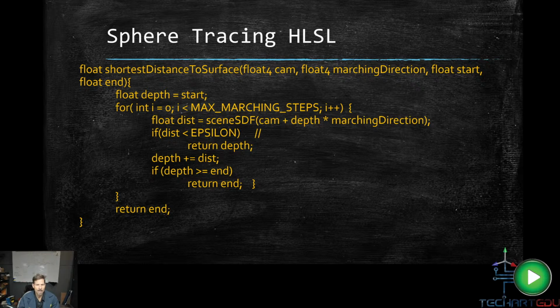Okay, here is the HLSL for sphere tracing. And we're going to start off sending in here the camera position. We're going to go in the overall marching direction, which is the vector that we're going to follow. We're going to have a starting point and an ending point. And we're going to say, okay, the start here now equals the depth, and so that basically means that it equals 0. And then what it's going to do is it's going to march along this ray until one of two things happen.